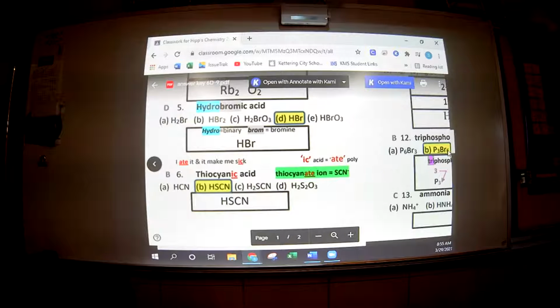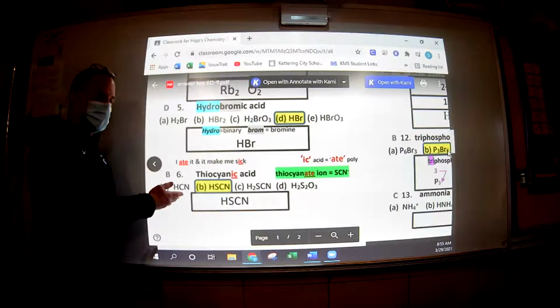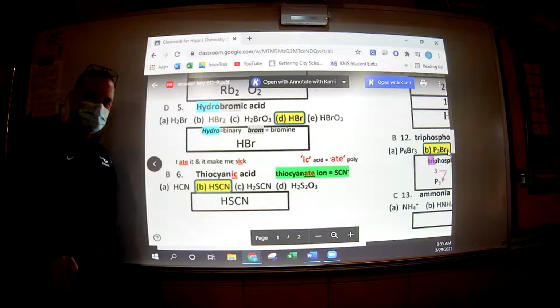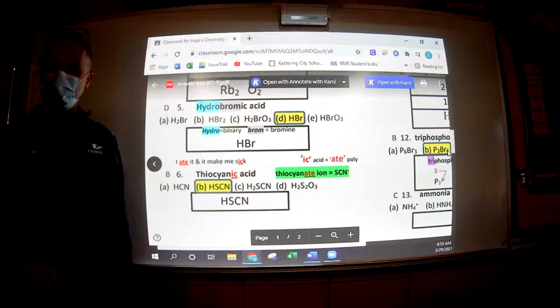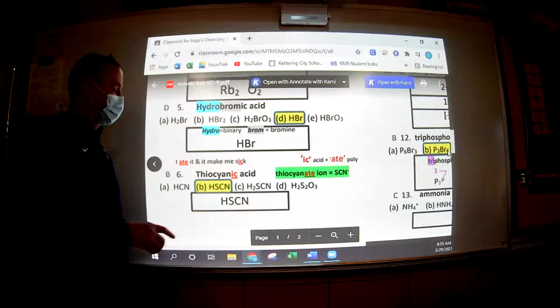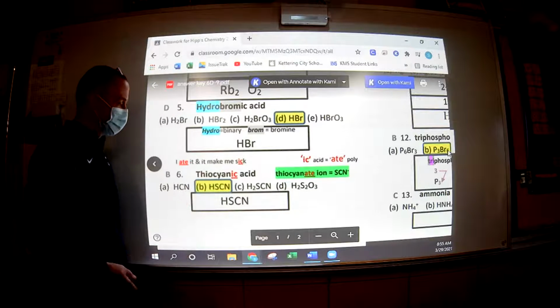Number 6. They would like us to write the formula for thiocyanic acid. We have to remember that the acid form simply has the hydrogens still on the polyatomic ion. How do I know, first of all, that there's going to be a polyatomic ion in this acid?